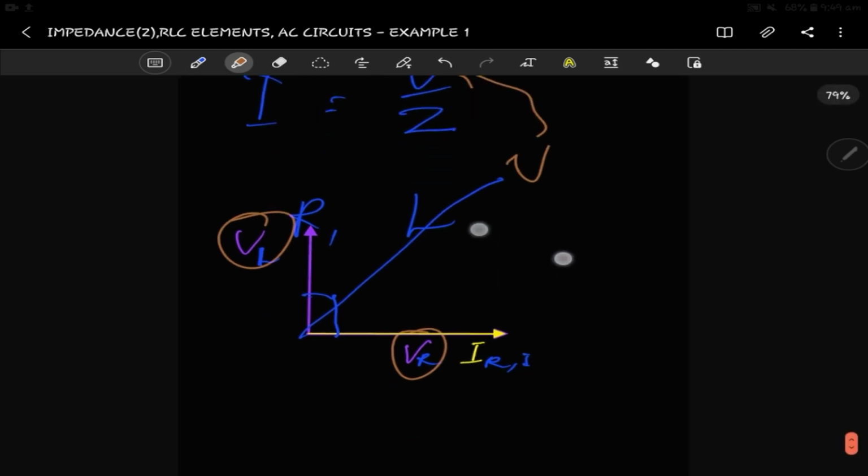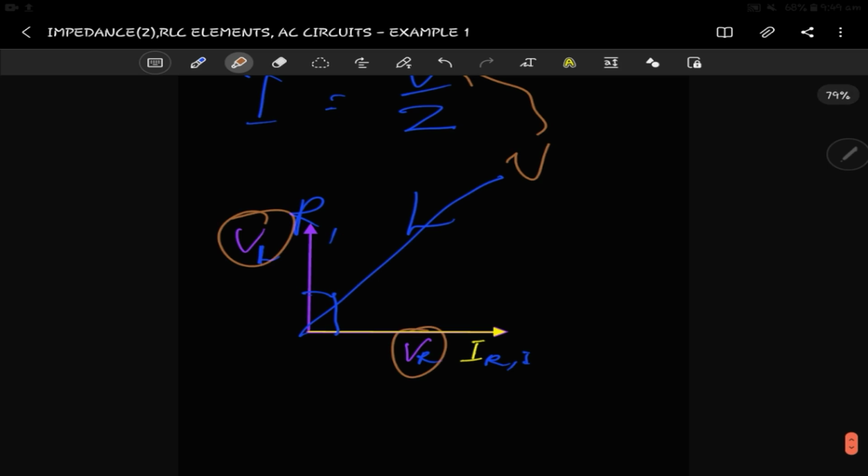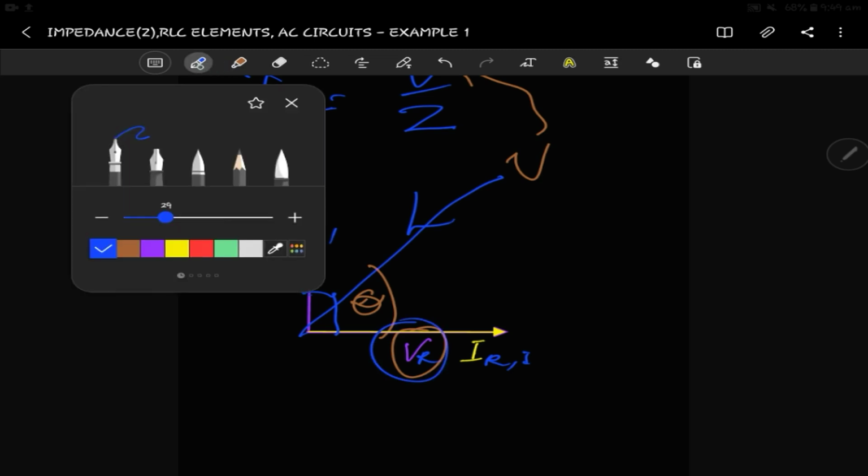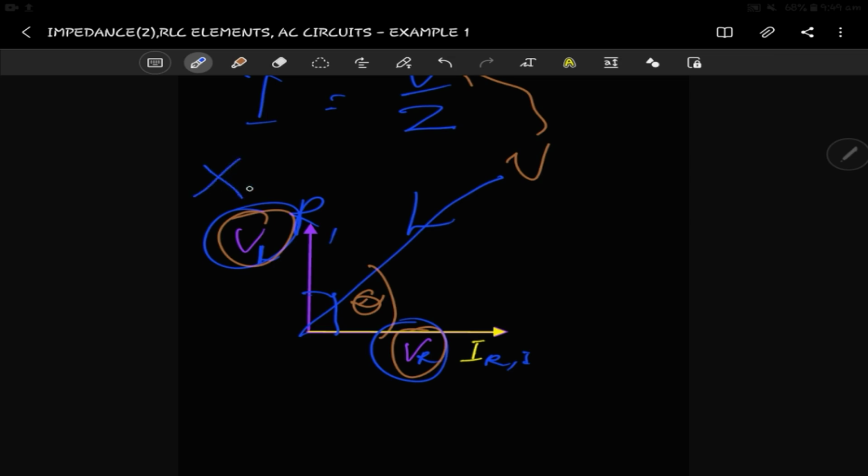So then, if we are trying to find this angle or this phase shift, which is about here, the only things that we can use to find the phase shift will be if we're able to find this VL and then VR, or we're able to find XL and use R to find what we are looking for.